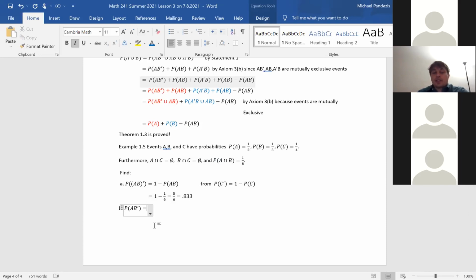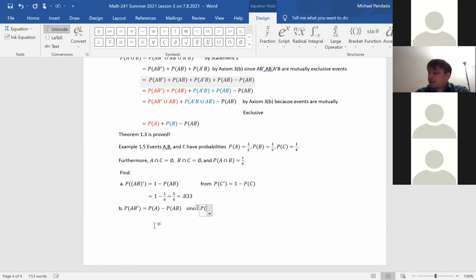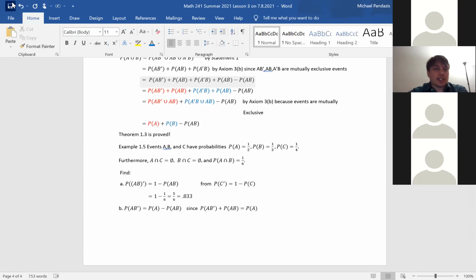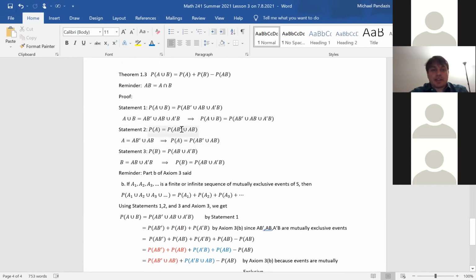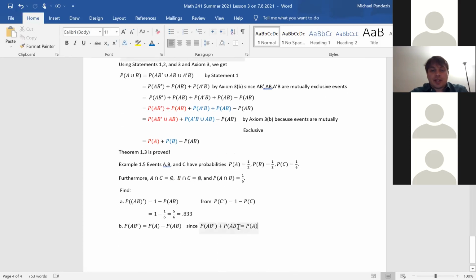In B, we want to find P of AB prime, and that's equal to P of A minus P of AB. The reason is that P of AB prime plus P of AB is equal to P of A. This goes back to the proof we just did in Theorem 1.3, when we said A is equal to AB prime union AB.